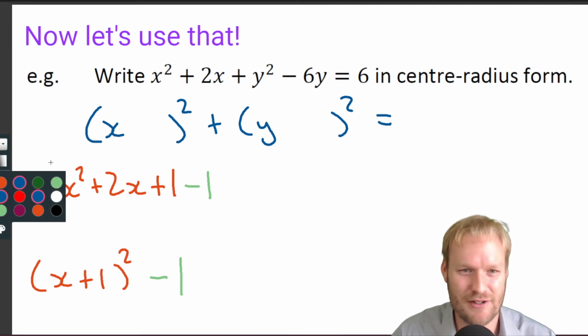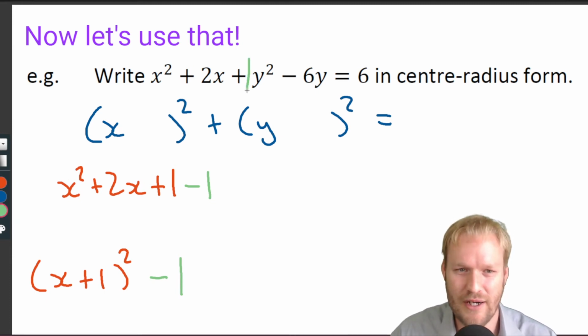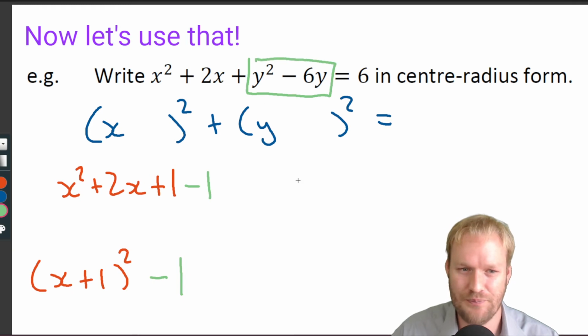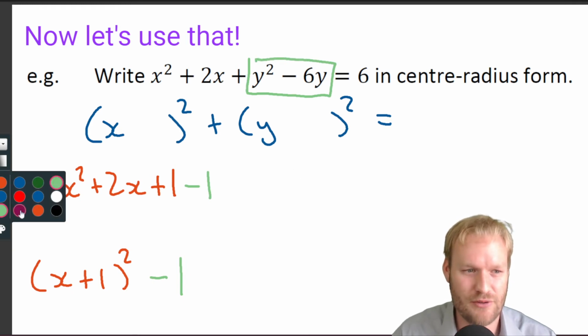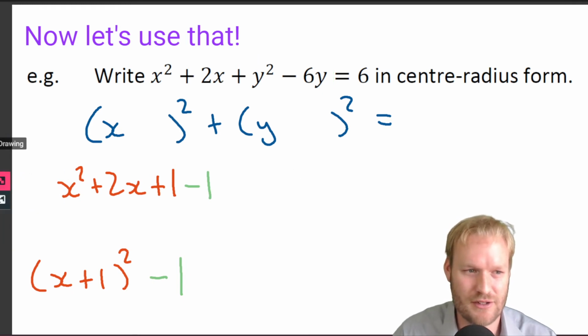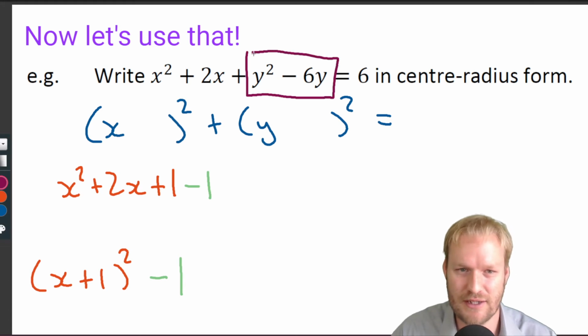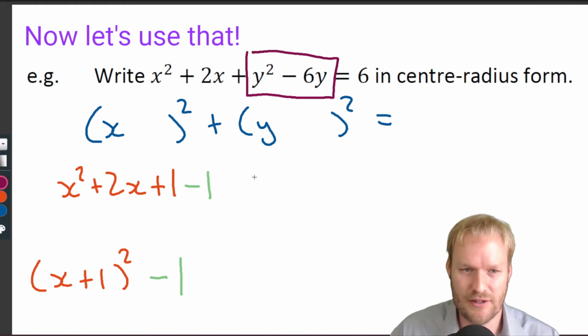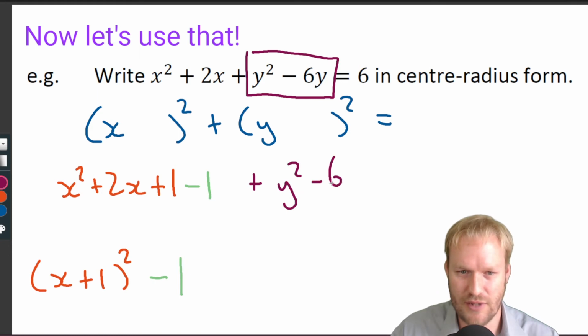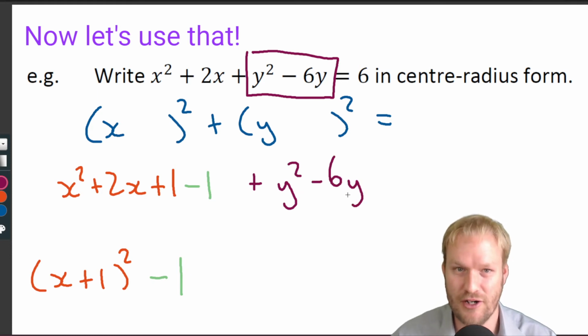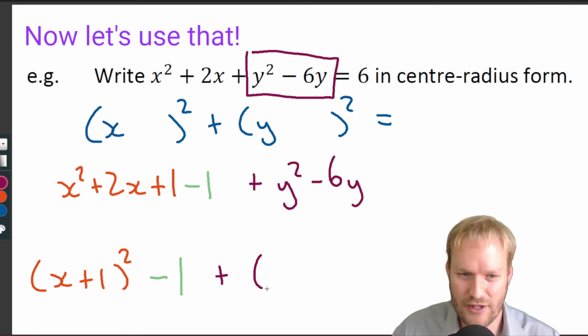Let's do the same idea. So we've got y squared minus 6y. So that y squared minus 6y, let me just do these. Y squared minus 6y is y squared minus 6y. Cool. Looks the same so far. But what we want to turn it into is something squared.